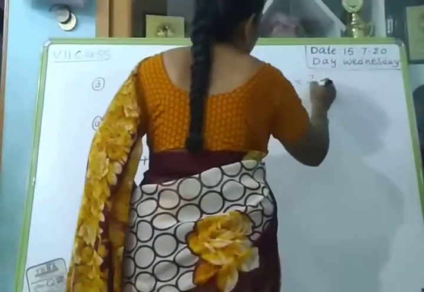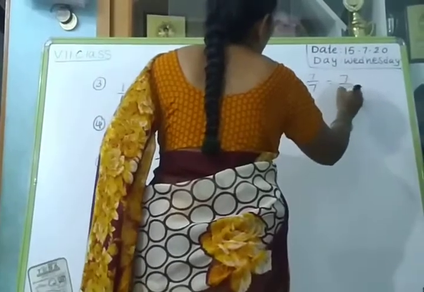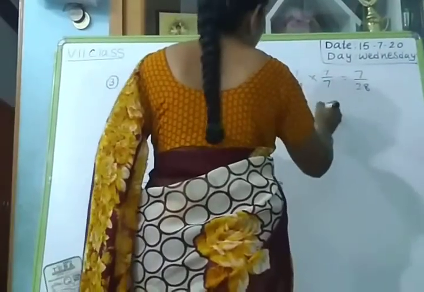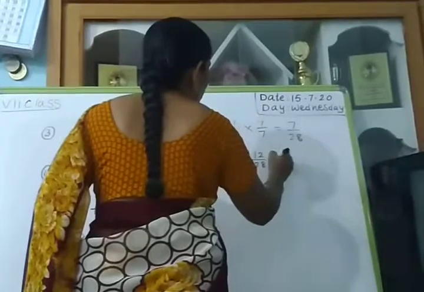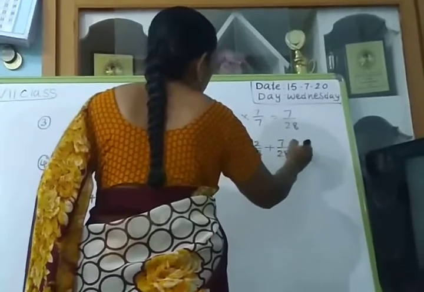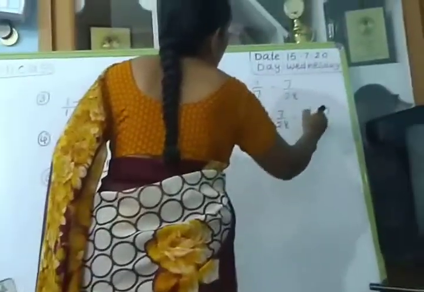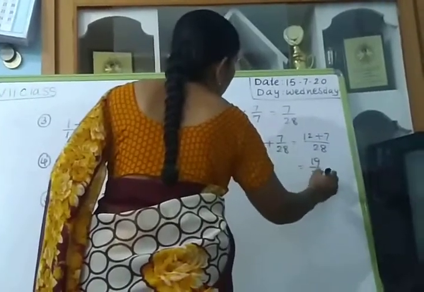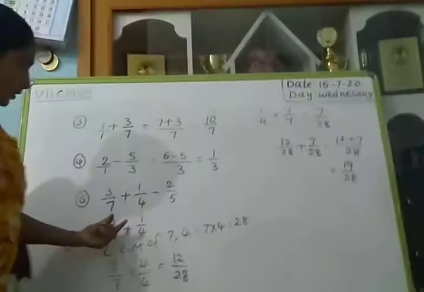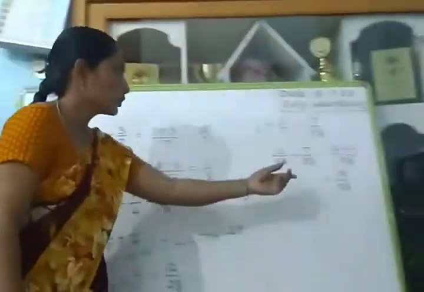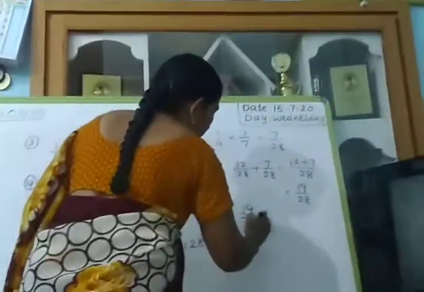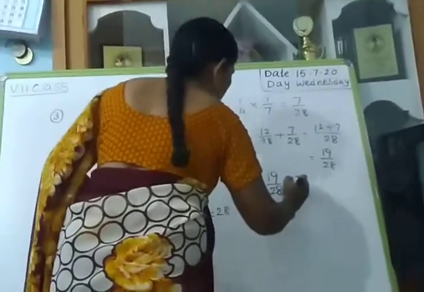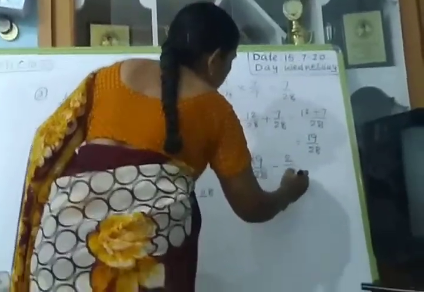Next, if you take 1 by 4, how many times? 7 times, 7 by 28. So what will you get? 12 by 28 plus 7 by 28, 12 plus 7 by 28. How much will you get? 19 by 28. If you add these two, this is the sum you get here. 19 by 28 minus 2 by 5.